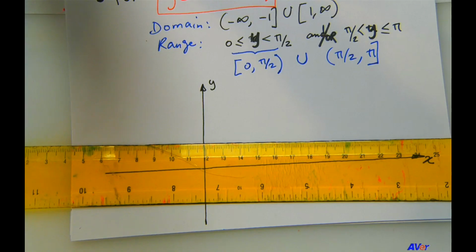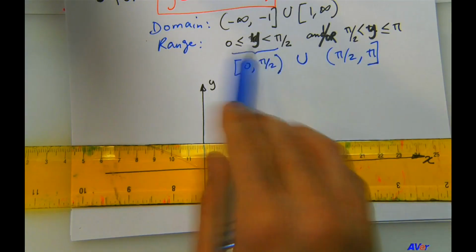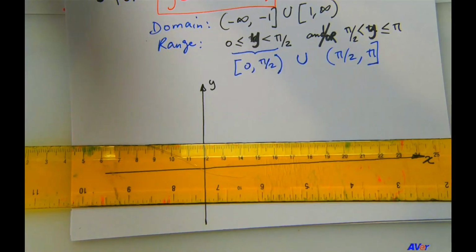Let's see. So the range values. So I think the other ones, no, the other ones are okay. So that's a correction I had to make. So range is y values, as you know.